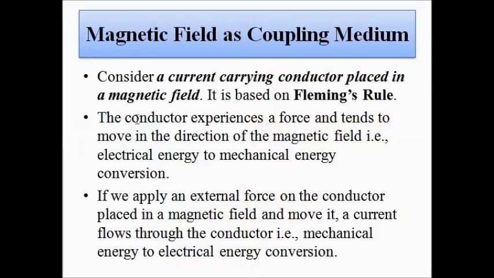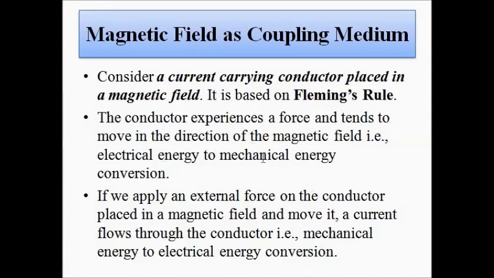We have to understand these two things very clearly. When a current carrying conductor is placed in a magnetic field, it experiences a force and tends to move. When we move a conductor in a magnetic field, a current flow is caused in the conductor.